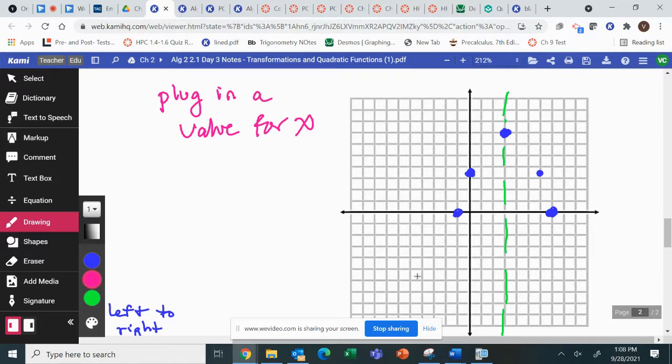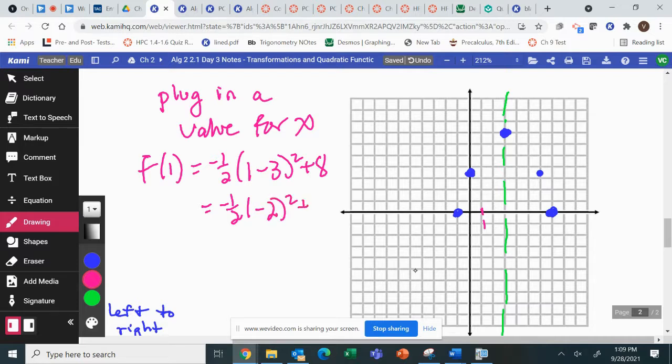So let's see, when x is 1, I don't know what y is. So if I wanted to, I could do f of 1. I don't know if it's going to be a nice answer. I'm just saying what we could do. Just making sure everybody knows that we have options if you don't have enough ordered pairs, because I know there's going to be some questions where you'll need to find more ordered pairs.